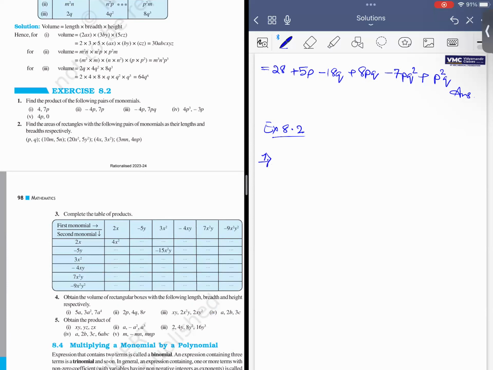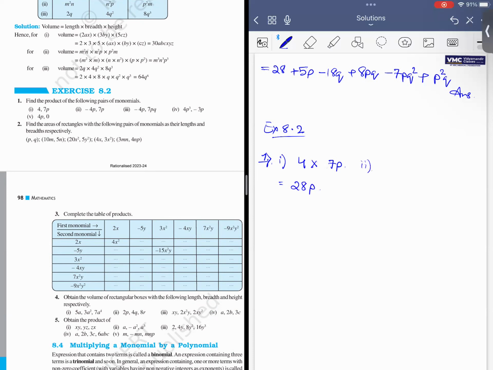Question 1, A part, find the product of the pairs of monomials. The first, it is saying 4 into 7p. In the product, we multiply the numerical factors. Now what are the numerical factors? 4 and 7, so it is 28 and p.